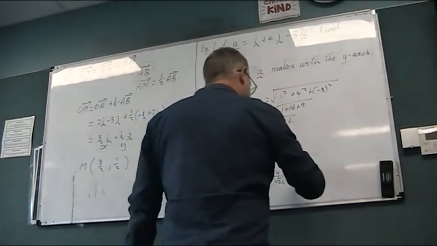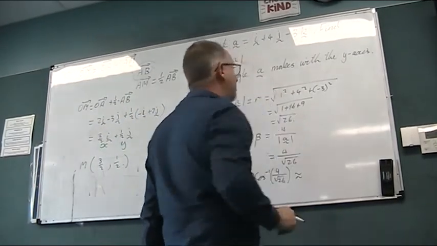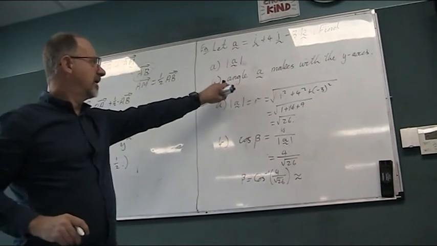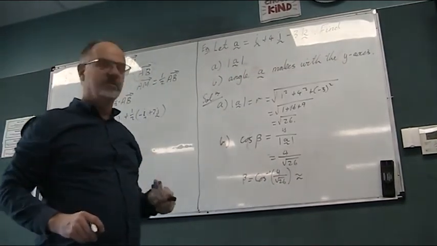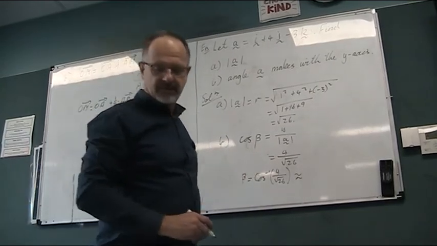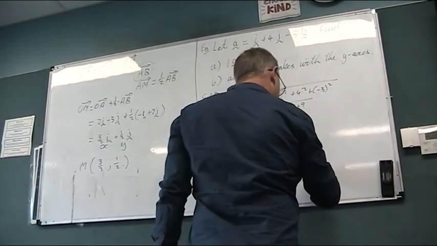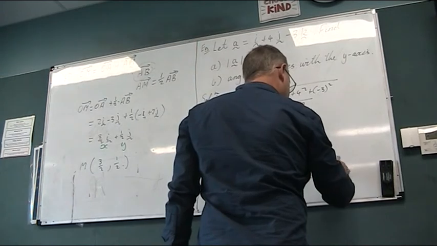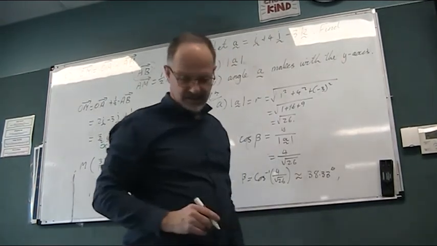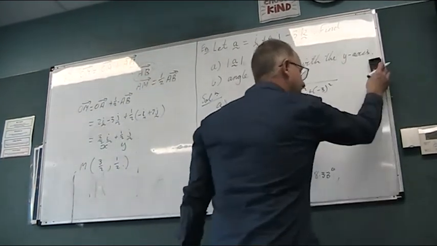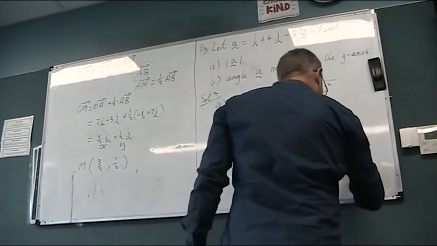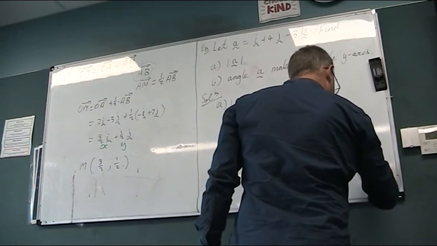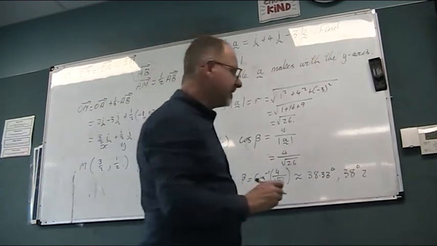Which you'd then get your calculator out for. There'd probably be more information about how they want you to express that angle. But it's approximately 38.33 degrees, which is 38 degrees and 20 minutes.